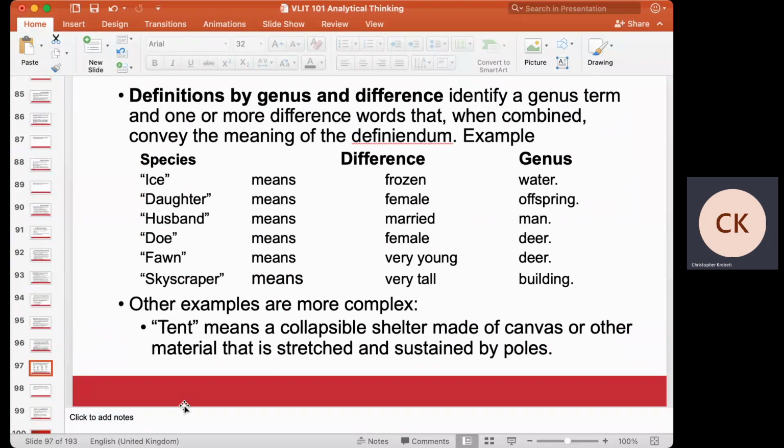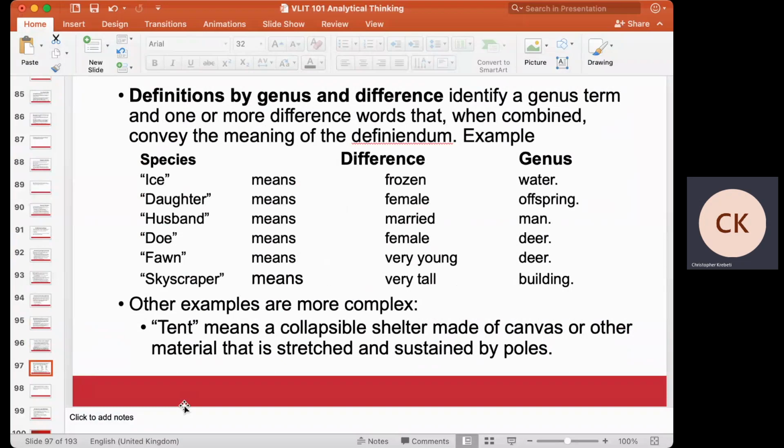So it says what? Definition by genus and difference identifies a genus term and one or two different words that, when combined, convey the meaning of the definition.